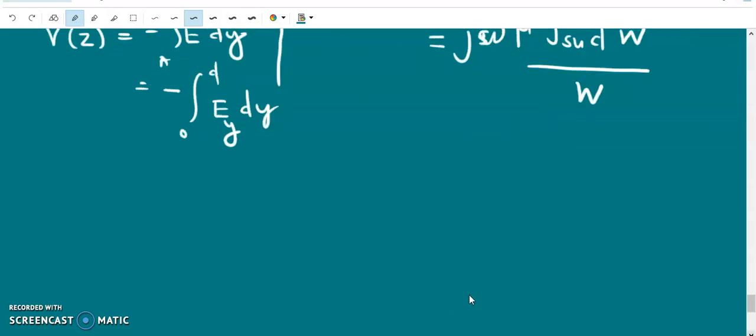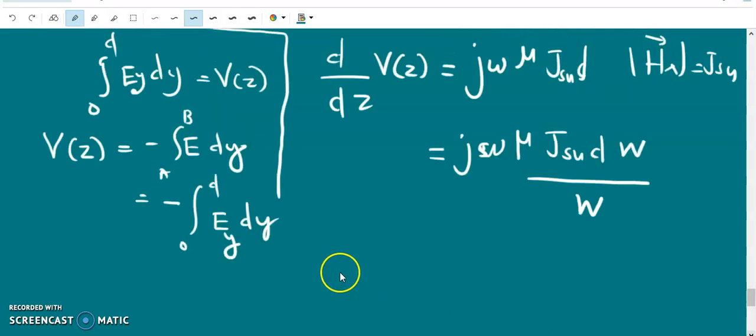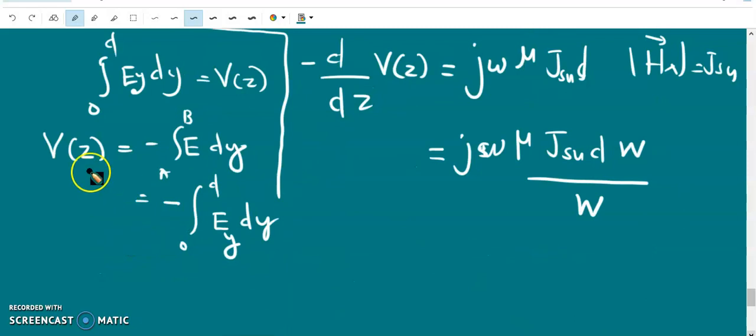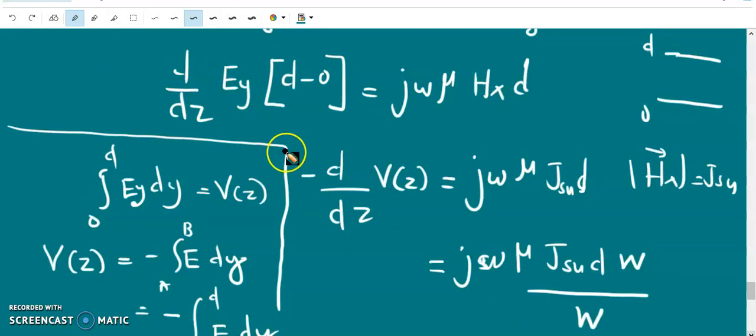So we have minus dV by dz. Minus is there. This thing is V of z. So here we don't have a minus.